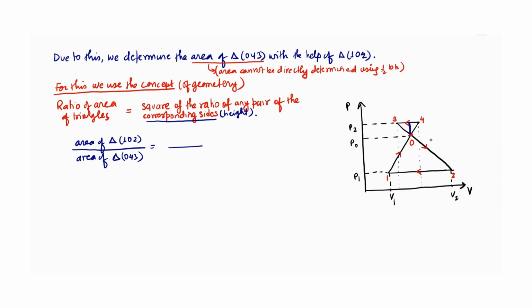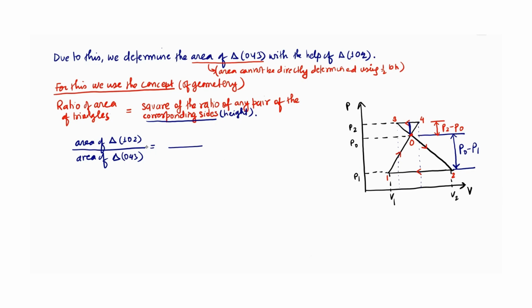Now we are taking the height: for this triangle the height is P0 minus P1, and for this triangle the vertical height is P2 minus P0.